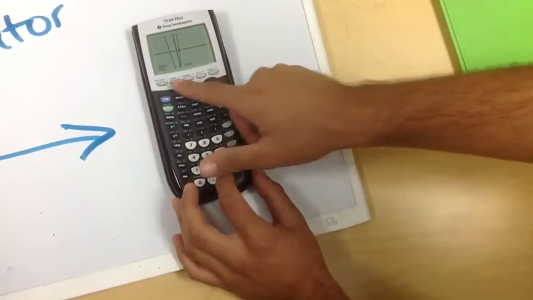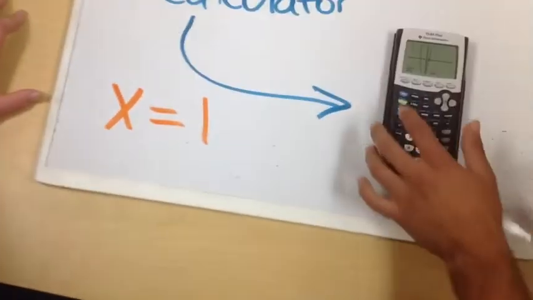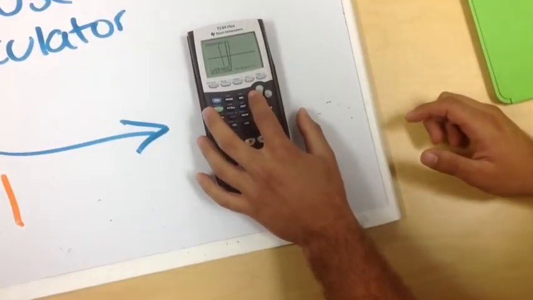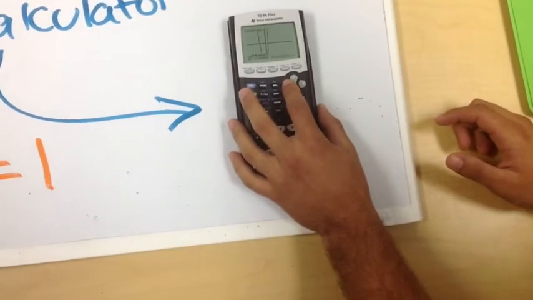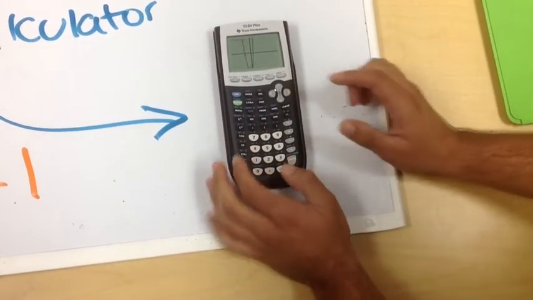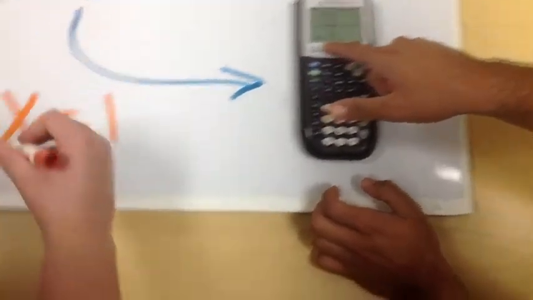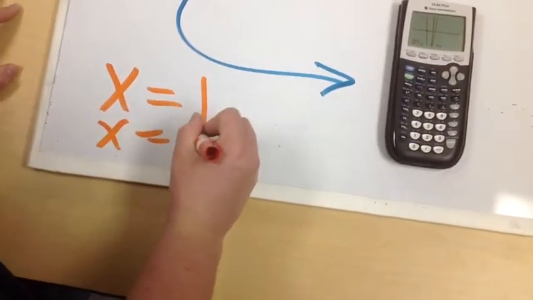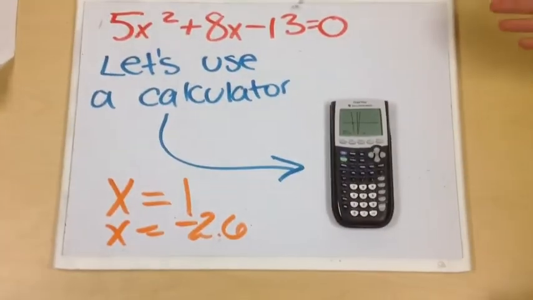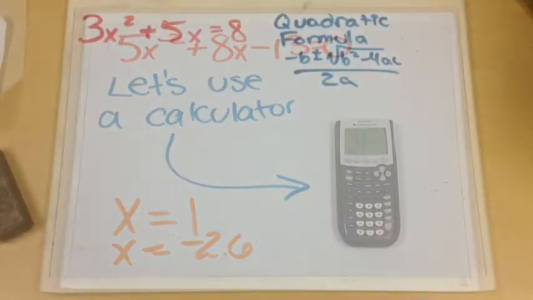In this case, being 1. So I can write that down right there. Now let's go back and find the left side x-intercept. X would equal negative 2.6. And that's how you find the x-intercepts using a calculator.